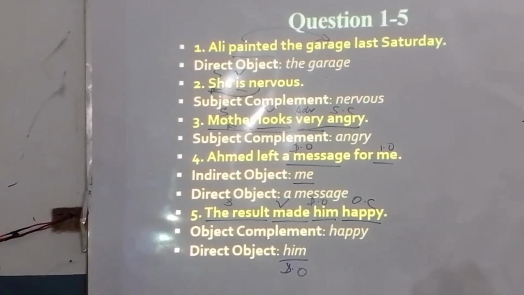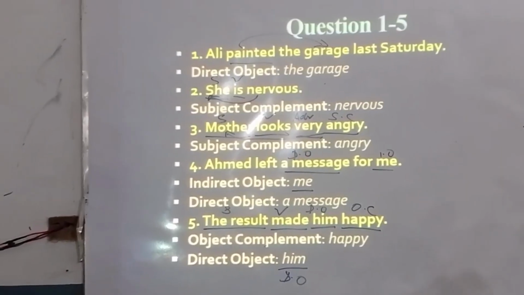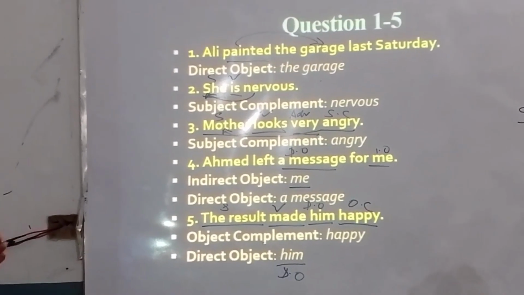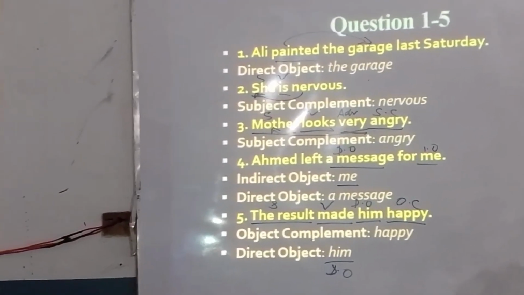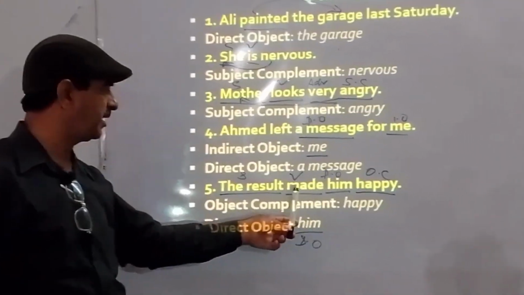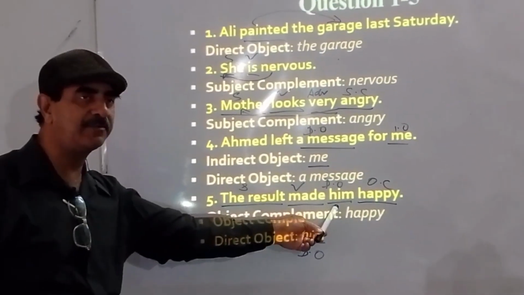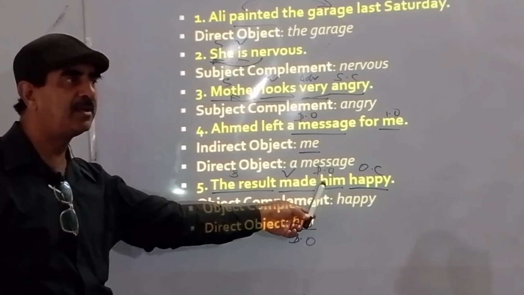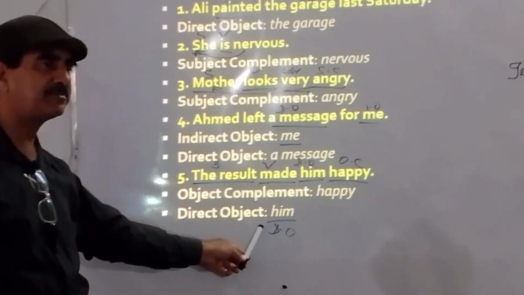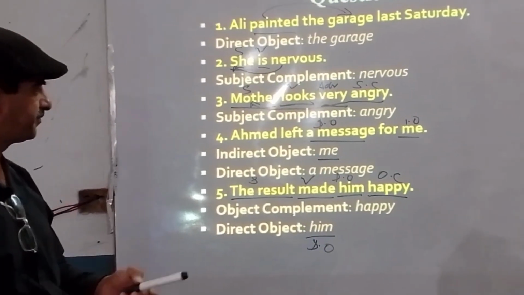Because the action of making is... what is the first form of made? That is make. And what is the ing form of make? Making. Clear? So the action of making is directly affecting him. That is the reason him is direct object.